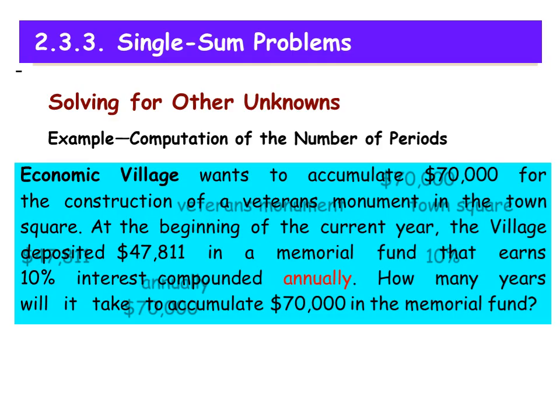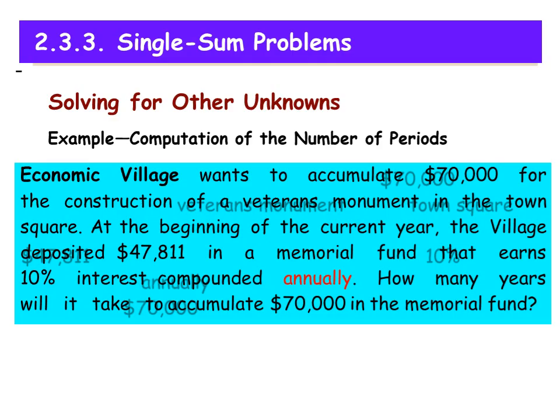At the beginning of the current year, the village deposited, that is present value, equal to $47,811. Future value is $70,000, and our r is 10% interest compound annually. So our n is directly 1 because it's paid annually.